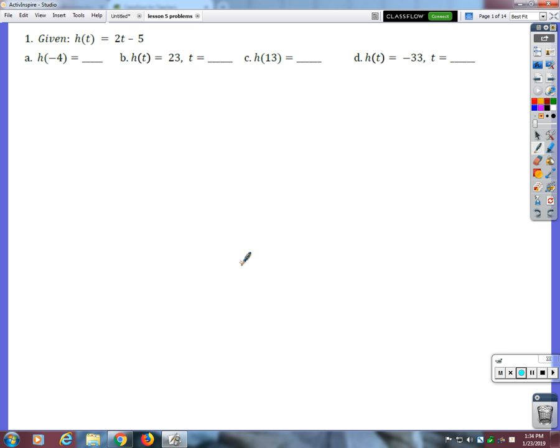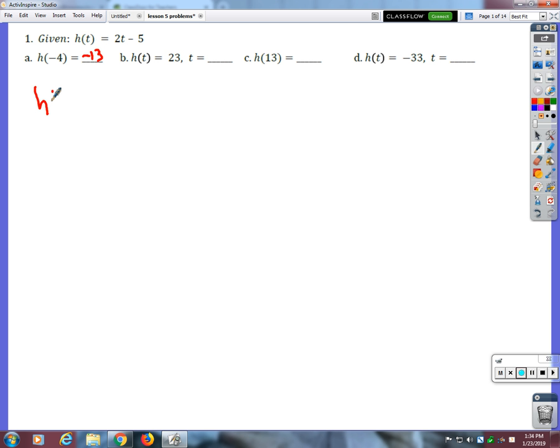Yes. Okay, so pay attention to this, Nathan. This is a tricky one. So, I'm going to give you a function. And you have to plug values into the function. You also have to say what value will make the function equal that. Okay? So h of negative 4 is negative 13 because 2 times negative 4 is negative 8, minus 5 is negative 13.